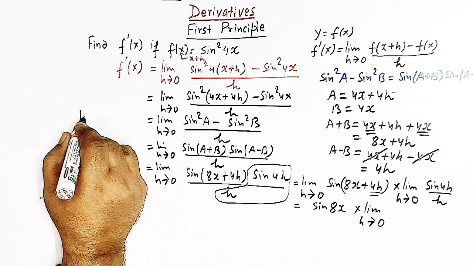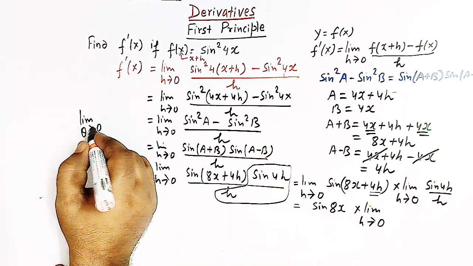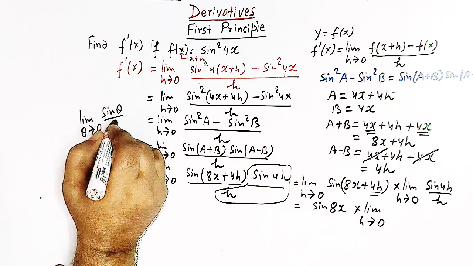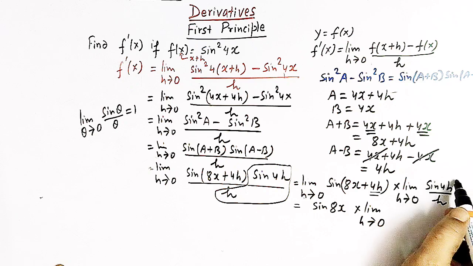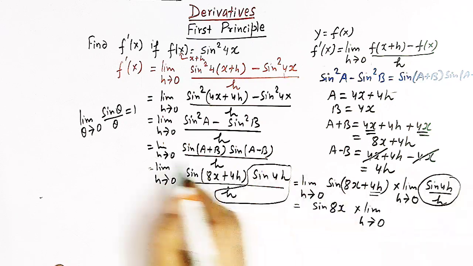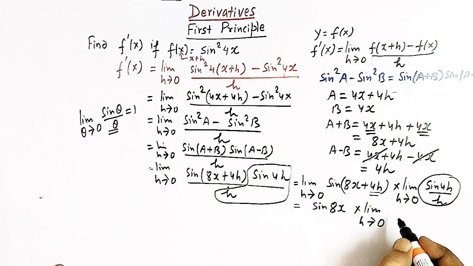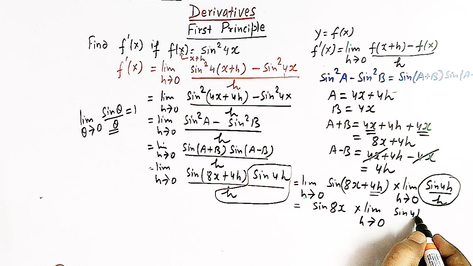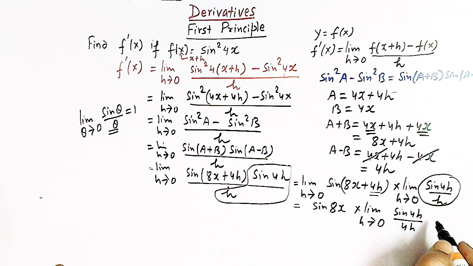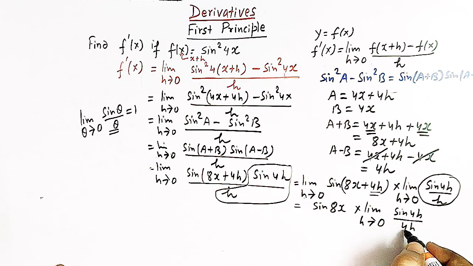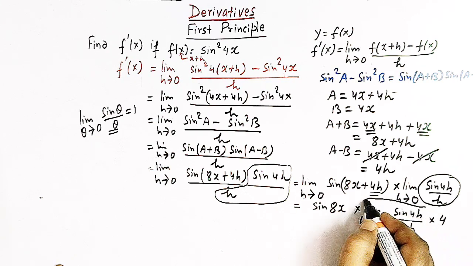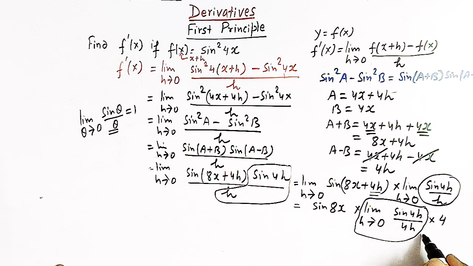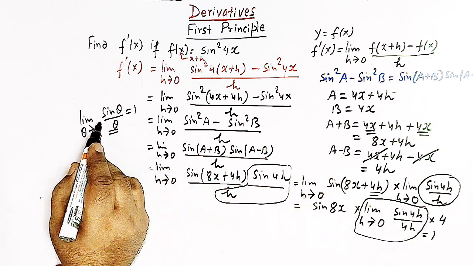Now see, we know that limit theta tends to 0, sine theta over theta is equal to 1. So to convert this expression in this form, we have sine 4h over 4h. We can multiply and divide by 4. So here we can write 4, right? Okay, so now the value of this limit is equal to 1 due to this result.